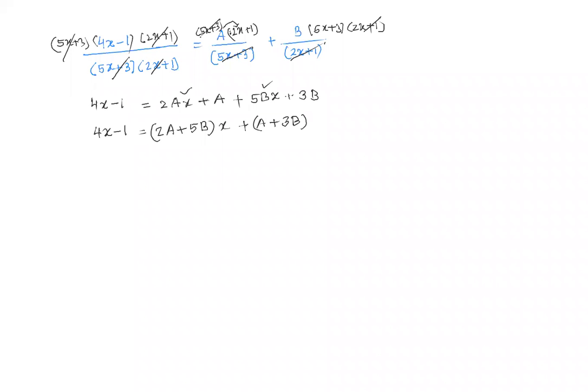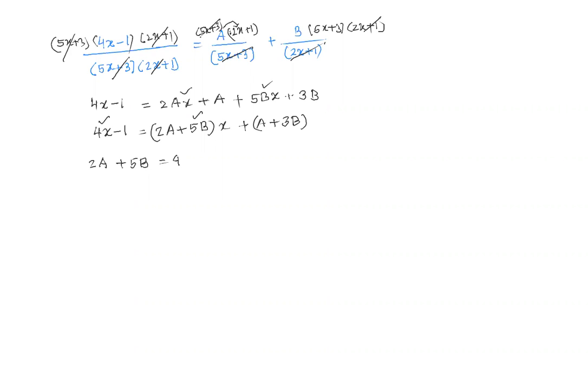Now I compare the coefficients. On the left, x has a coefficient of 4. On the right, x has a coefficient of 2a plus 5b. So 2a plus 5b is equal to 4.